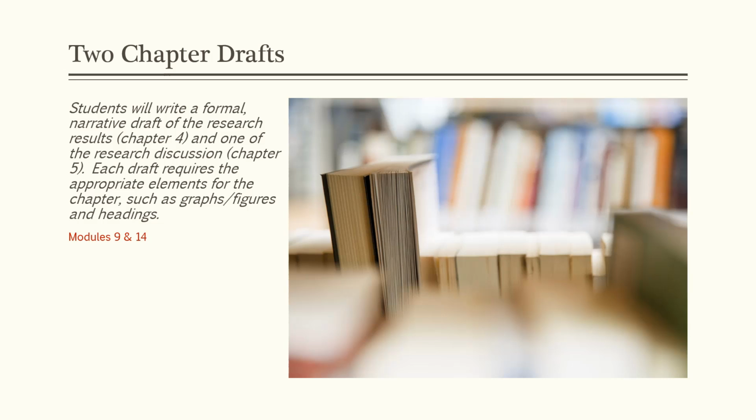Upon completion of the outline, that will serve as a way for you to organize your information so that when you have your draft, you will have presented a narrative of, in Chapter 4, your research results, and in Chapter 5, a discussion of the entire research process. Each draft requires the appropriate elements for the chapter, such as graphs, figures, and headings. Your Chapter 4 draft will be due in Module 9, and your Chapter 5 draft in Module 14.